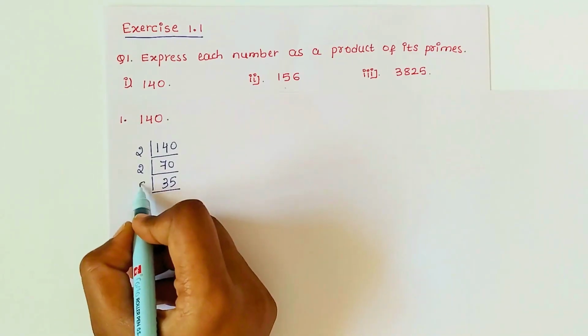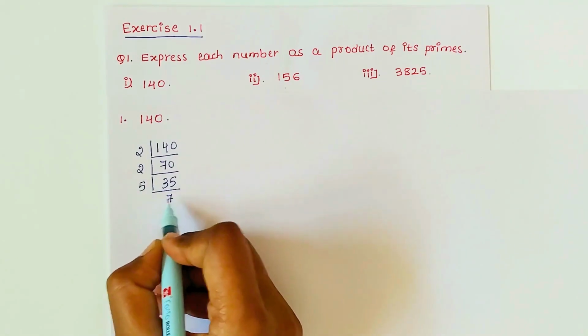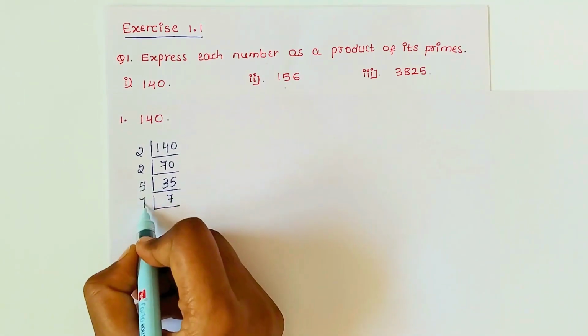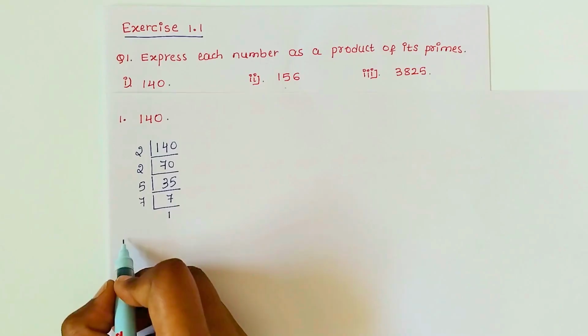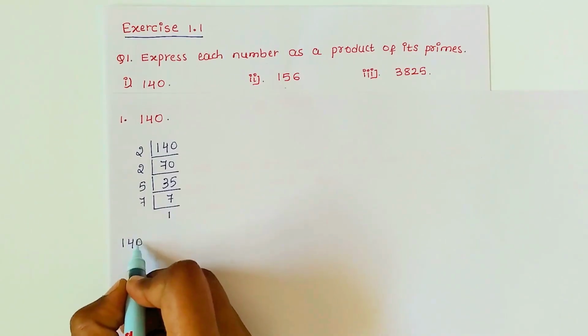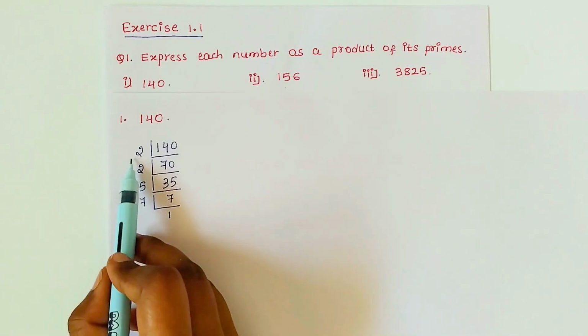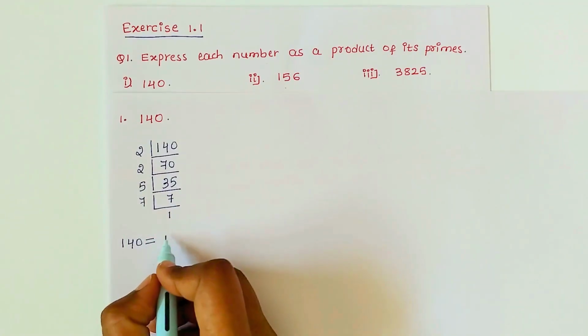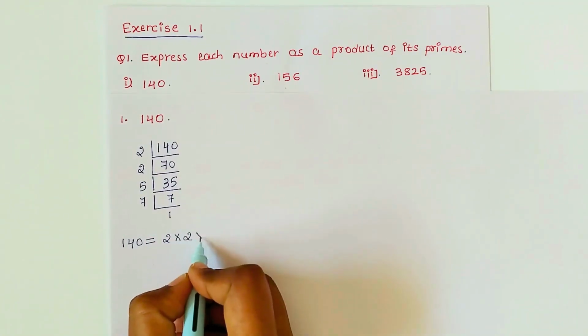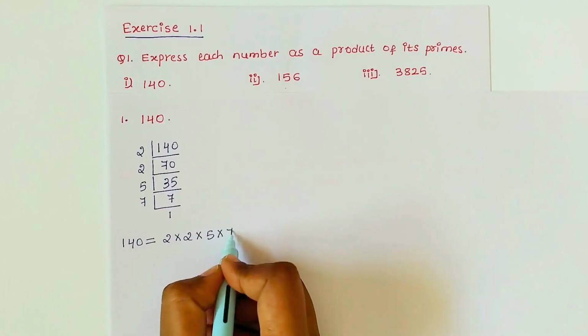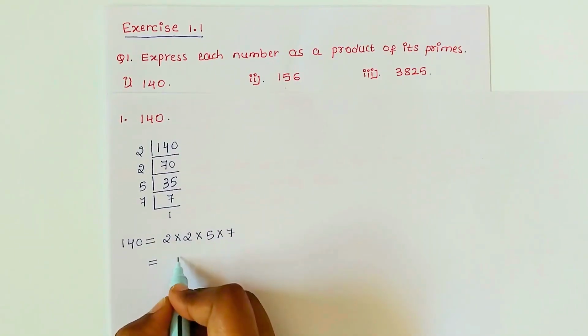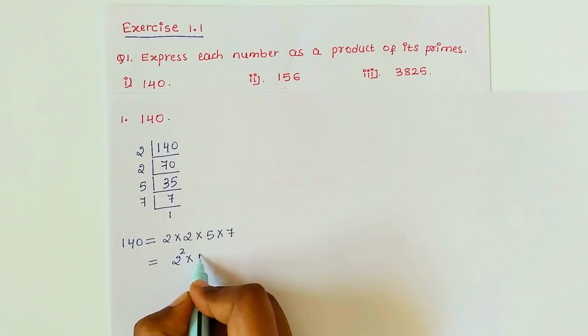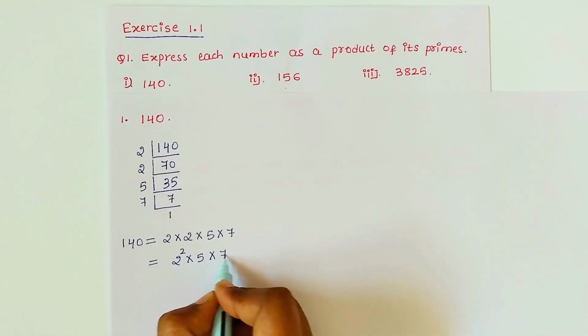Next use 5, 5 7s are 35, and it is 7 1s. How are we going to write 140? As a product of all these prime numbers: 2 into 2 into 5 into 7, or 2 to the power 2 into 5 into 7.